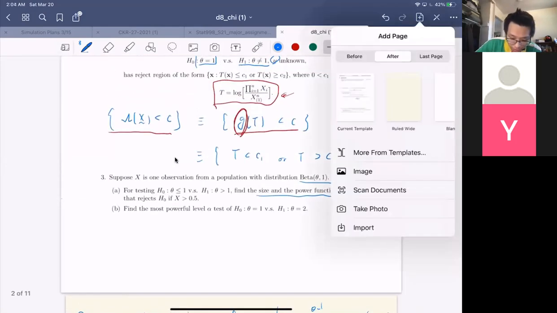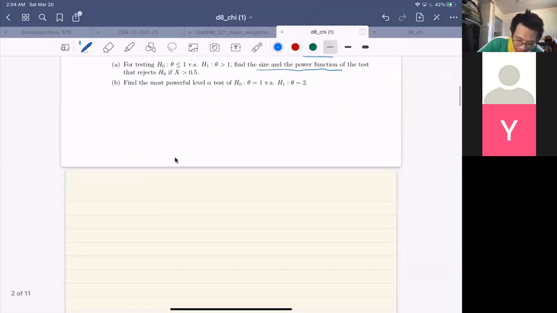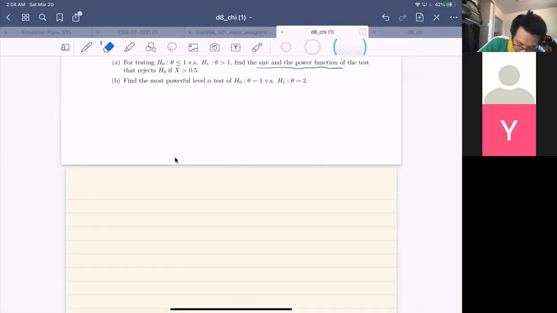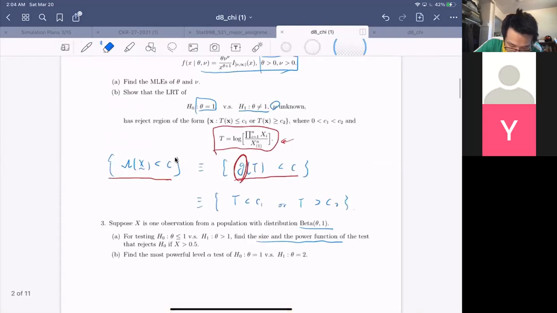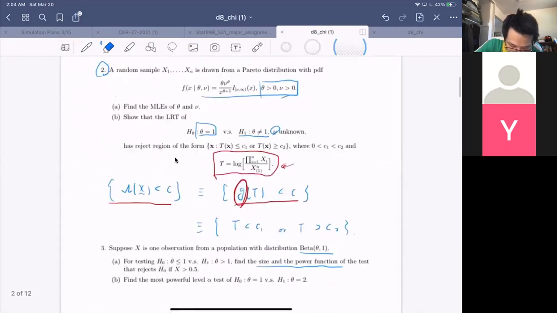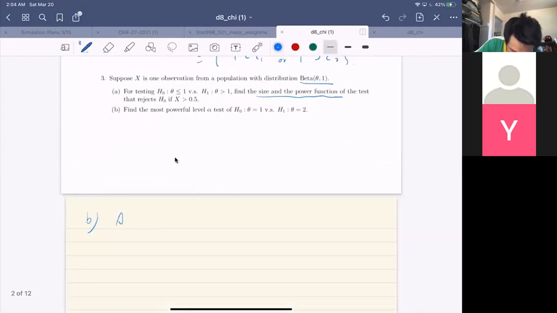For B, we want to find the UMP test. So we have to apply the Neyman-Pearson lemma.